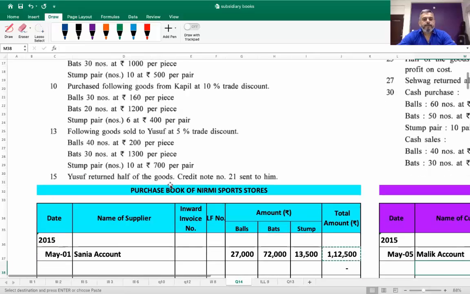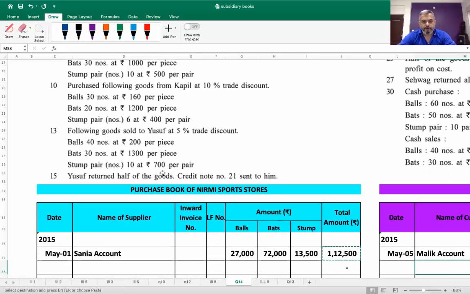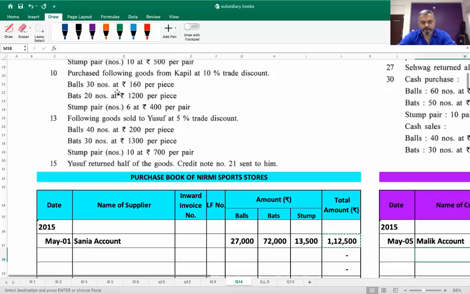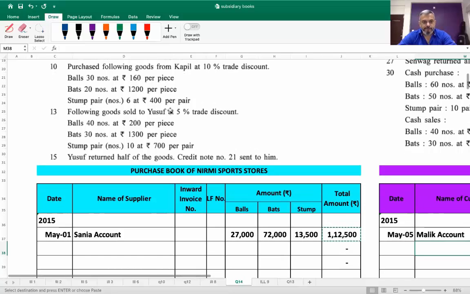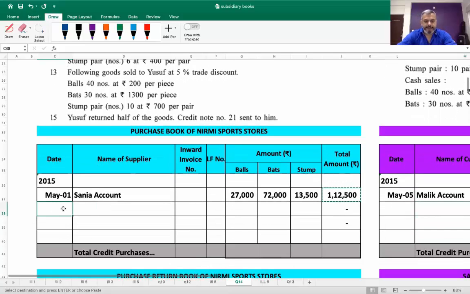Next, 10th one. Purchase following goods from Kapil at 10% trade discount. Balls 30 at 160 per piece, bats 20 at 1200 per piece and stump 6 at 400 per pair. So purchase book May 10th. Kapil account.